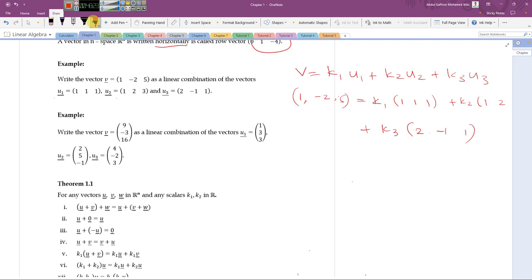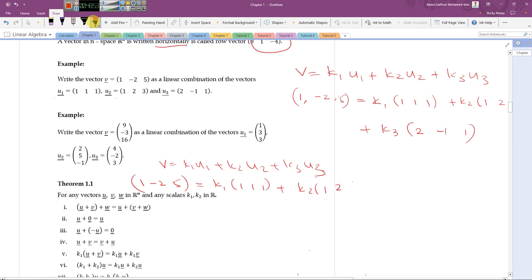Okay, so now V is equal to, let's say, k1 u1 plus k2 u2 plus k3 u3. Now V is equal to (1, negative 2, 5), which is equal to k1 times u1, which is (1, 1, 1), plus k2 times u2, which is (1, 2, 3), plus k3 times (2, negative 1, 1).